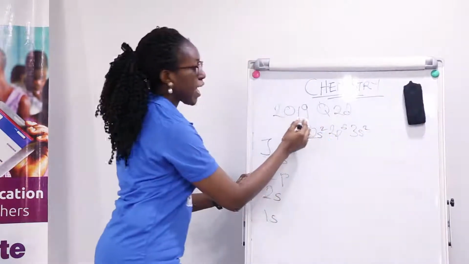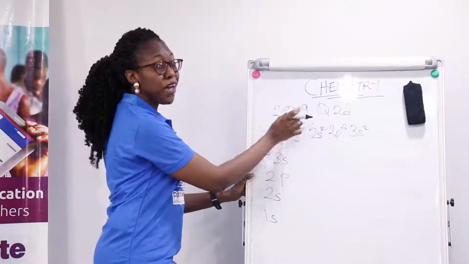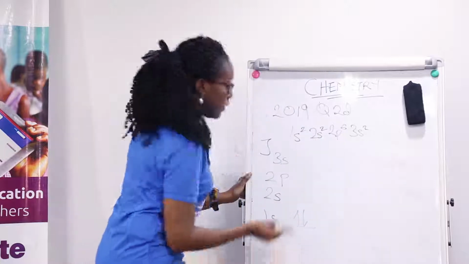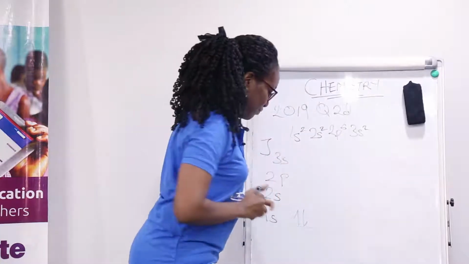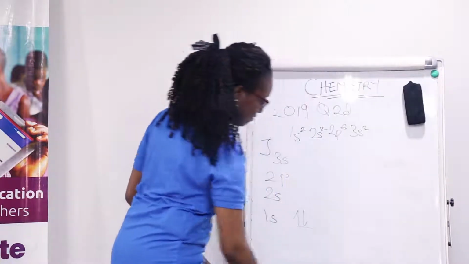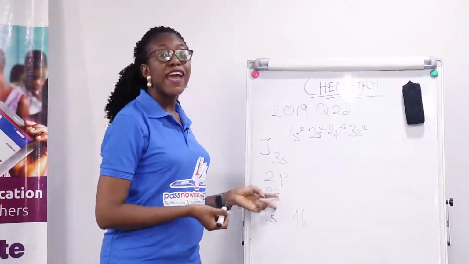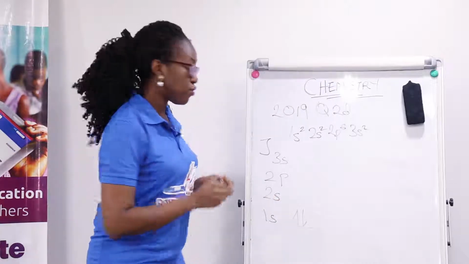It takes 2, S block always takes 2 electrons. 2s is also 1 orbital. 2s also takes 2 electrons.